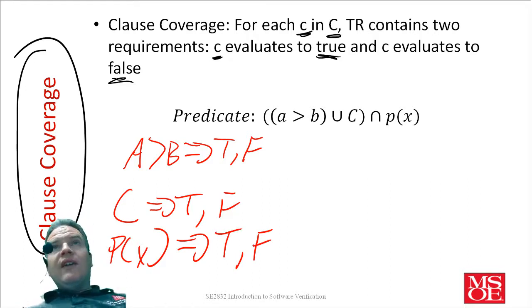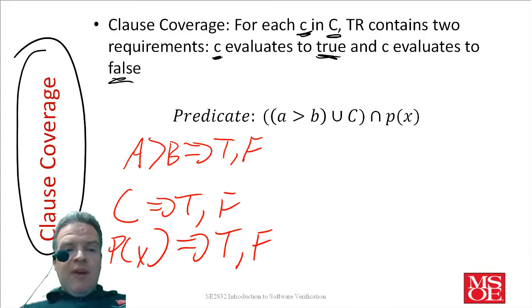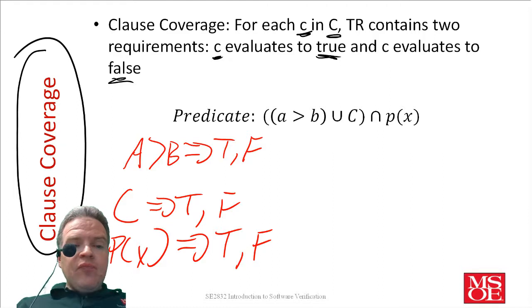That leads me to a set of test conditions that I can come up with for testing the entire system. So with predicate coverage here, I could come up with a set of test cases.